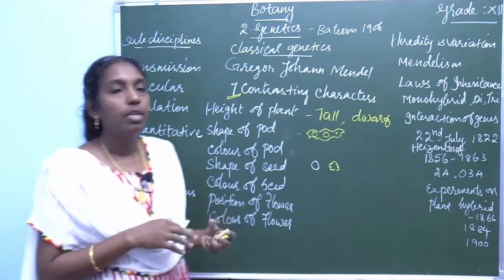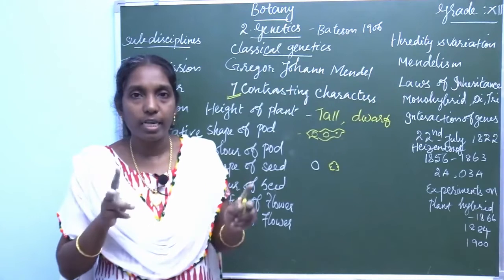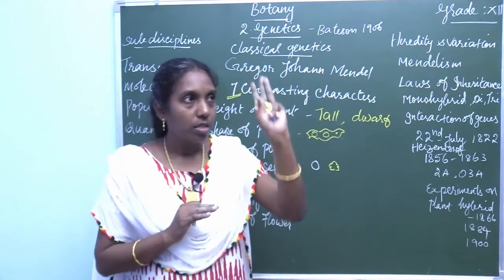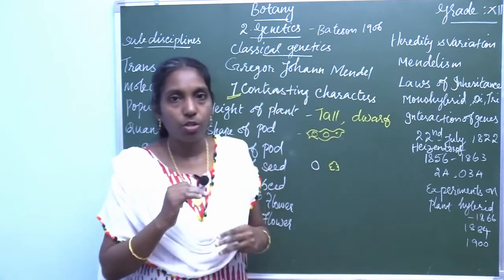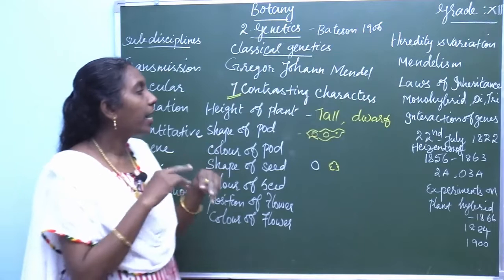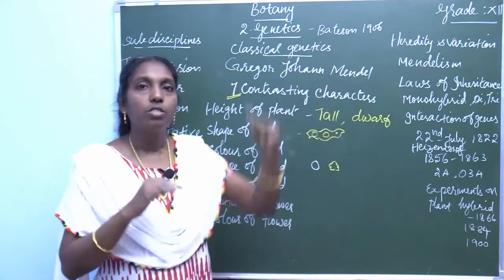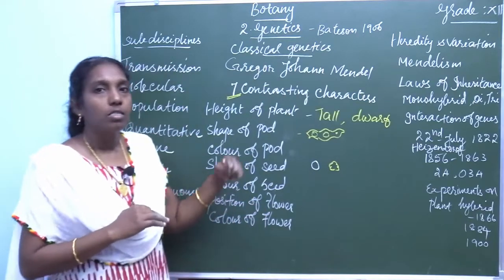For example, in primula, it shows two different contrasting characters in the length of the style: a long style and a short style. Or the height of the plant, tall and dwarf, in Pisum sativum, the pea plants.